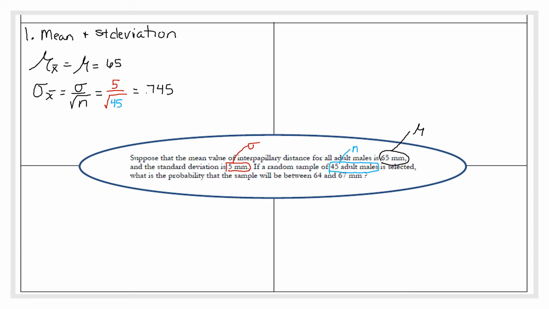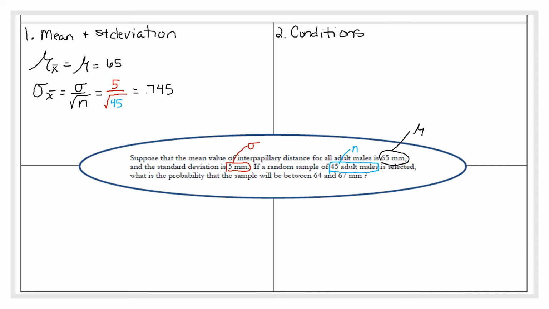Okay, so box number 2 over here is going to be our conditions. First of all, you have two things: A, that it came from a normal population, or B, that our sample size is bigger than 30, so by the central limit theorem, the sampling distribution is approximately normal.